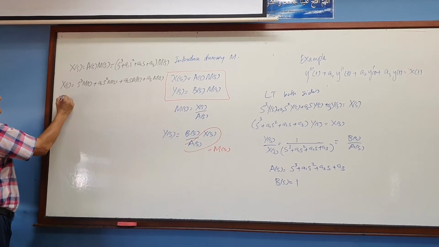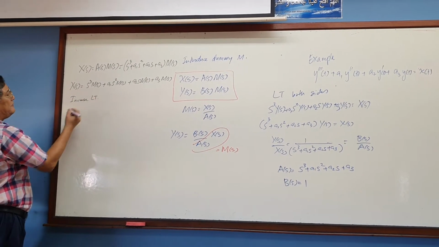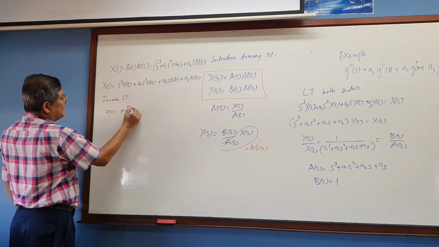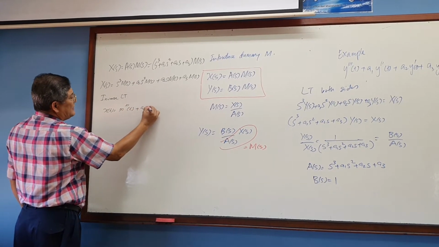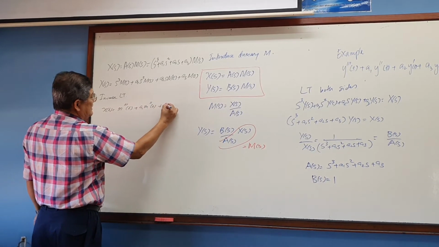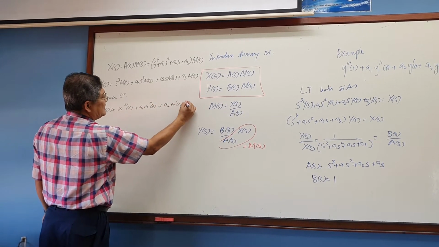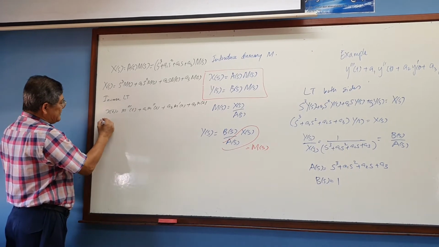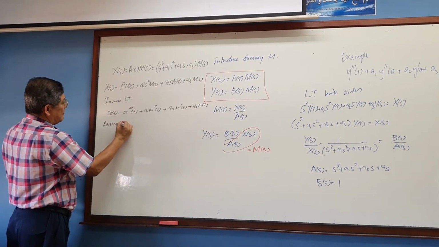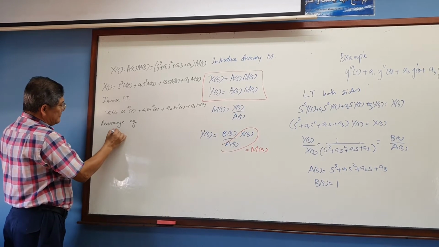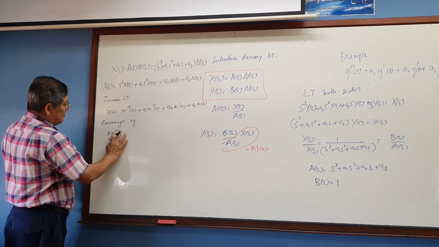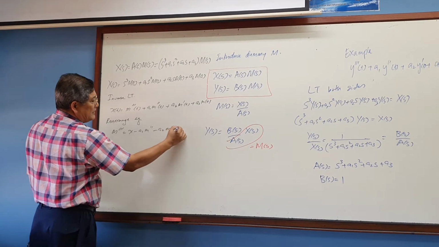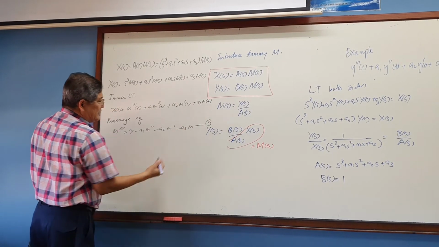To perform the inverse Laplace transform, then this will be x of t equals m triple prime t plus a1 m double prime t plus a2 m prime t plus a3 m t. Then when you rearrange the equation, m triple prime will be equal to x minus a1 m double prime minus a2 m prime minus a3 m. So this one will be your first equation.